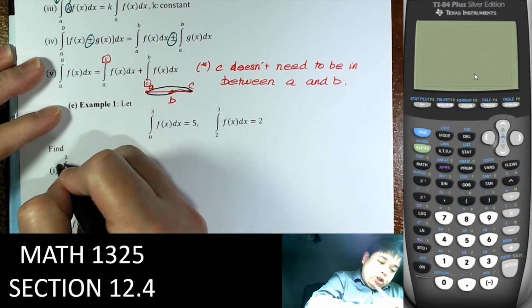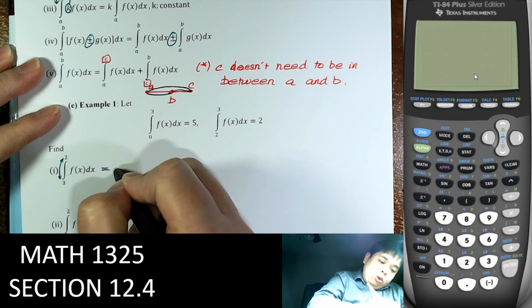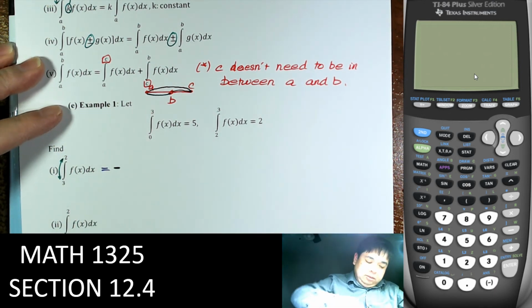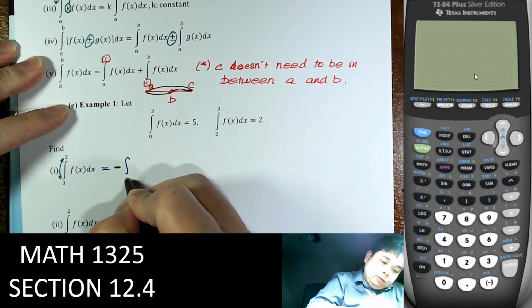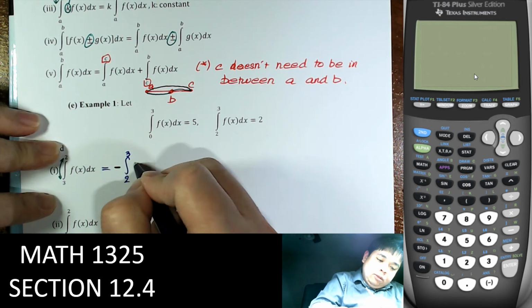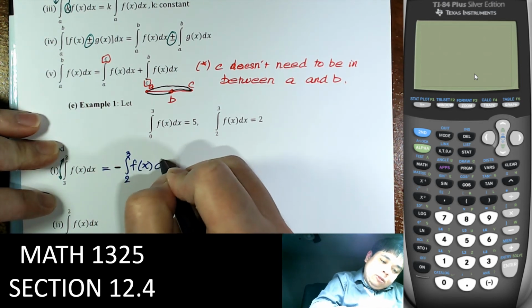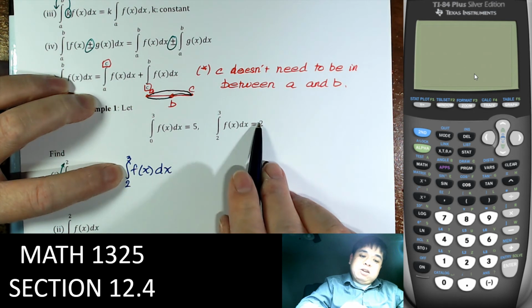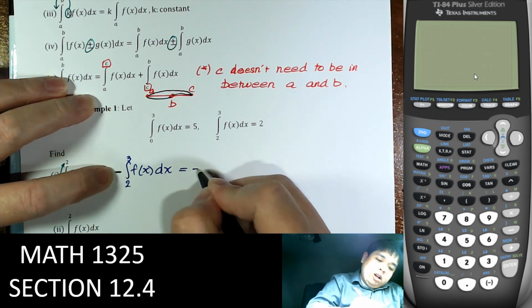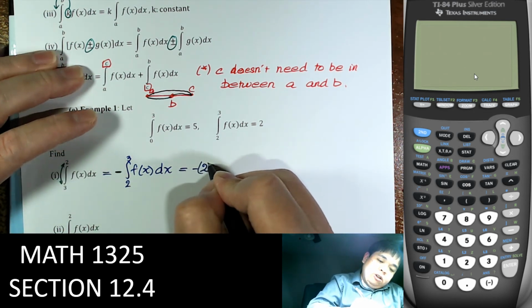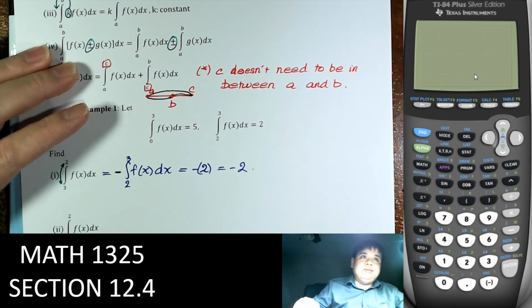So if we interchange the limits, we throw in the negative. Without the negative, it is 2. So with the negative, it is negative 2. Simple enough.